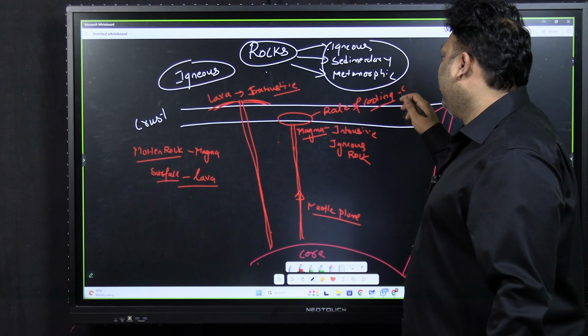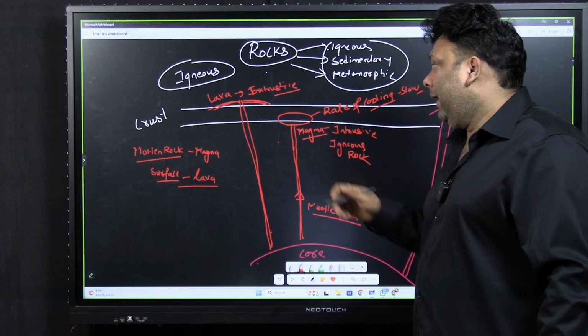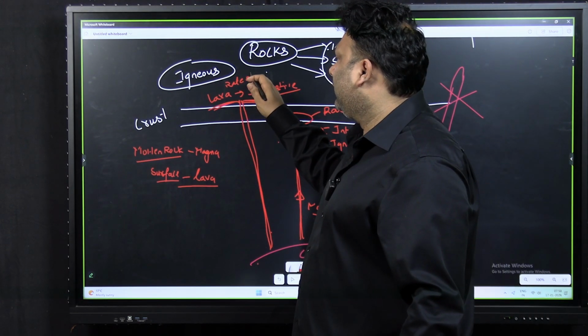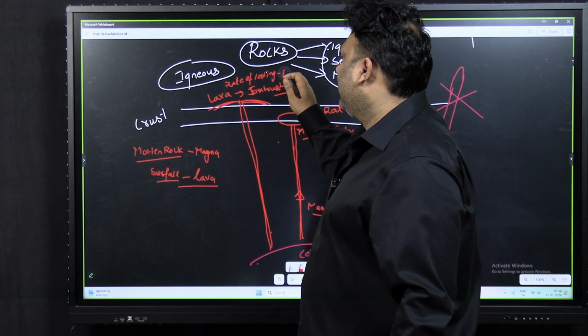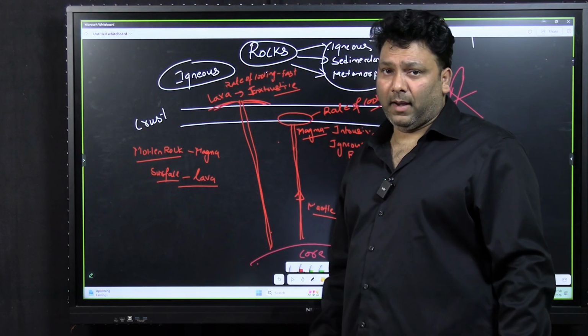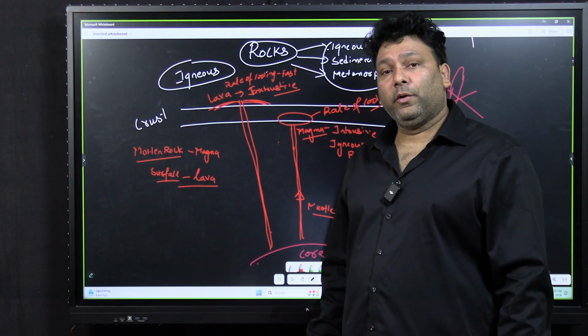So rate of cooling is slow. And here the rate of cooling is fast. So this is where the real difference will happen. Now these all things you can write in the igneous rocks or the topic of primary rocks.